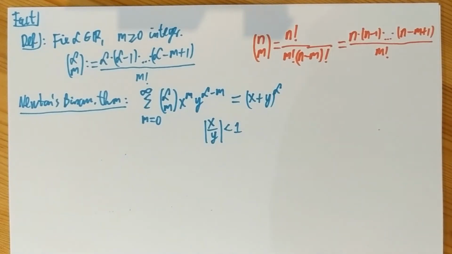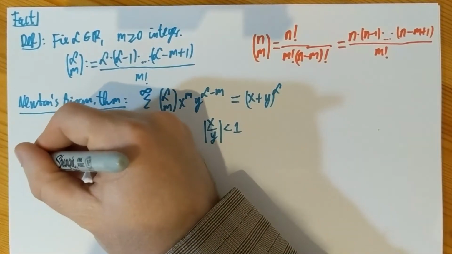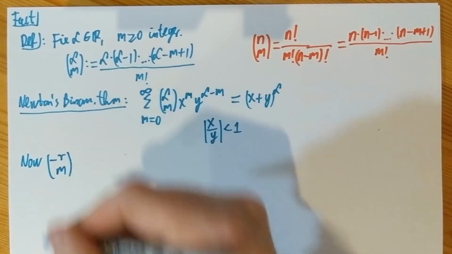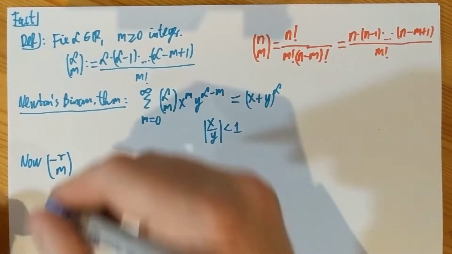Okay, so once we have this, then I look at minus r choose m, because that's going to be useful for us. So minus r choose m. What is minus r choose m?